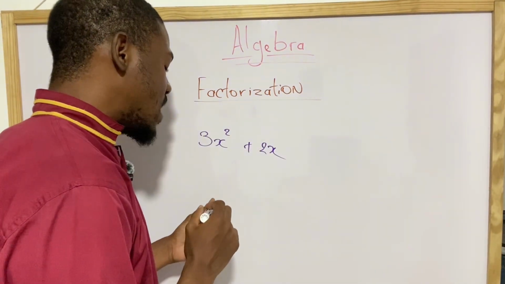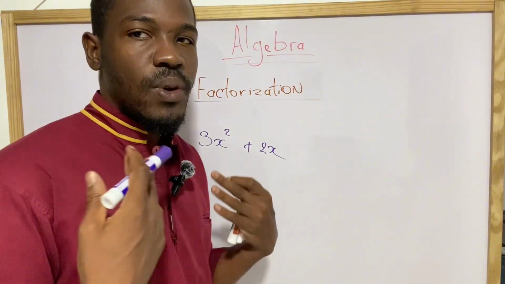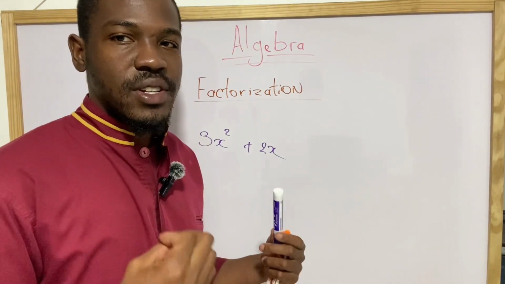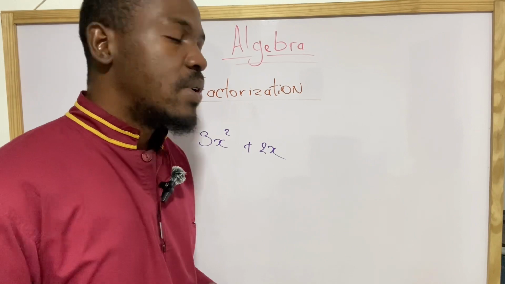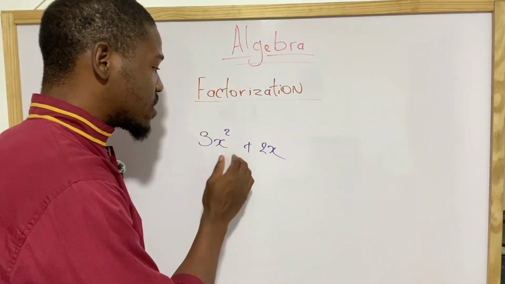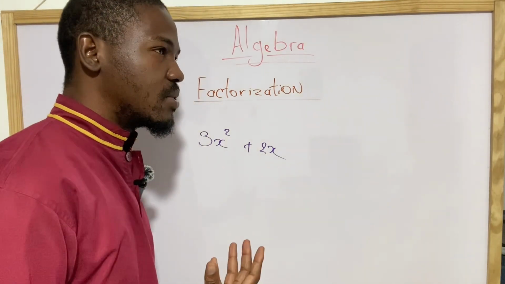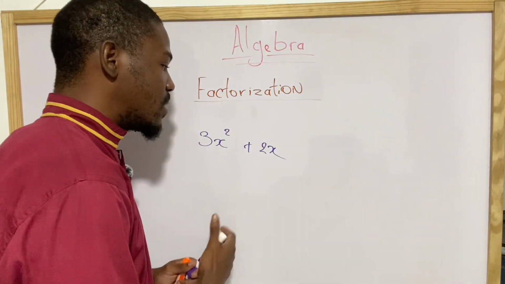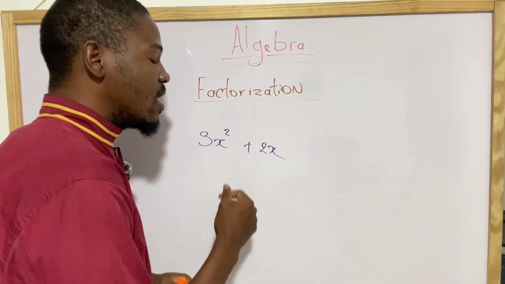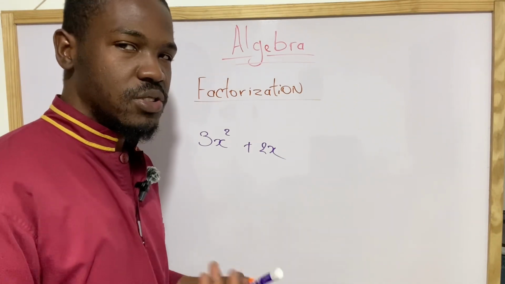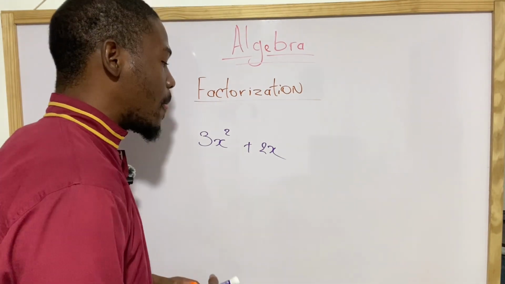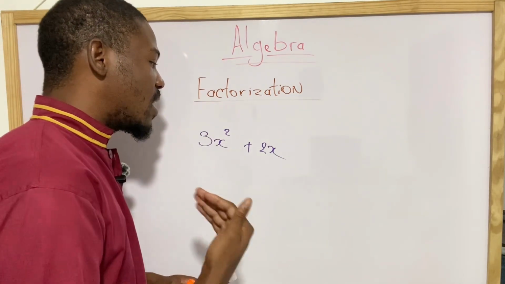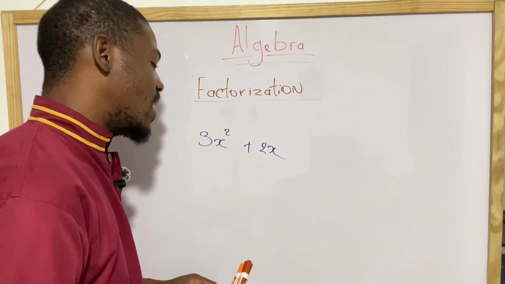Like terms like these, we cannot do anything more with them. However, we can actually simplify these terms. Where we have 3x squared plus 2x, you might ask why is it that I can't do anything with it? We can't add them, and it's just that addition sign here. If it was a multiplication sign, we could just go ahead and simply multiply. But in terms of addition and subtraction, we cannot add or subtract terms that are not alike.